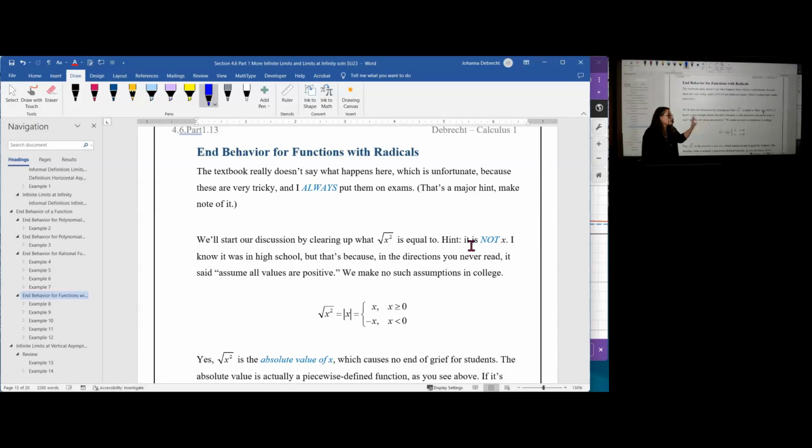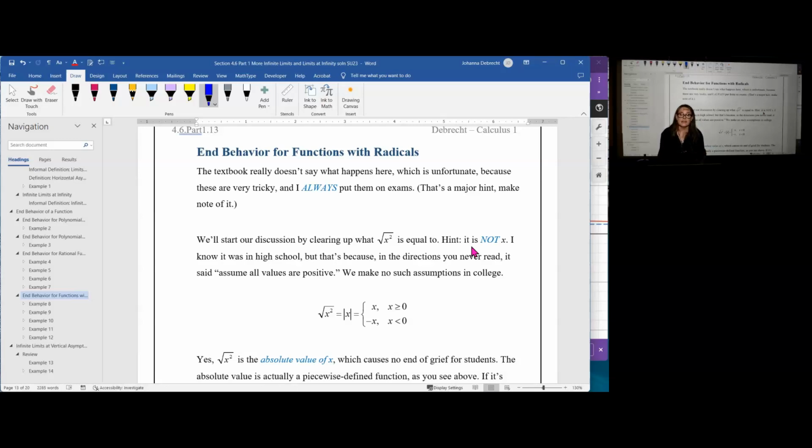But that's because in the directions to the problems, which you never read, it said, assume all values are positive. If you assume all the x values are positive, then it is true that the square root of x squared will be x.